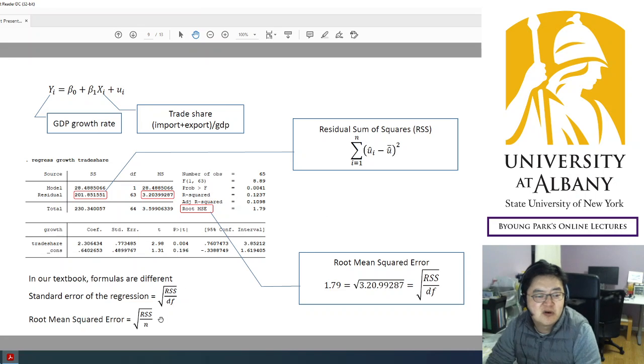Another way to justify that is that if the sample size n is large, then the difference between those two will be ignorable. The difference between 63 and 65 is still small, but the difference between 65,000 and 65,002 will be much smaller. So in the end, those two things will be pretty much the same.